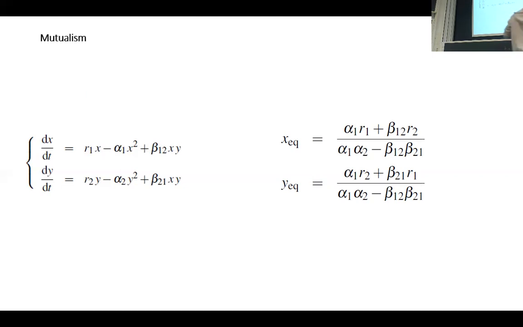So if I increase the mutualism that the first species feels for the second one, both of the populations will increase, right? But the first one will increase more than the second one. And of course, it's the same way if I increase the mutualism for the second species for the first one, it will end up increasing the equilibrium populations for both, but it will favor the second species more.